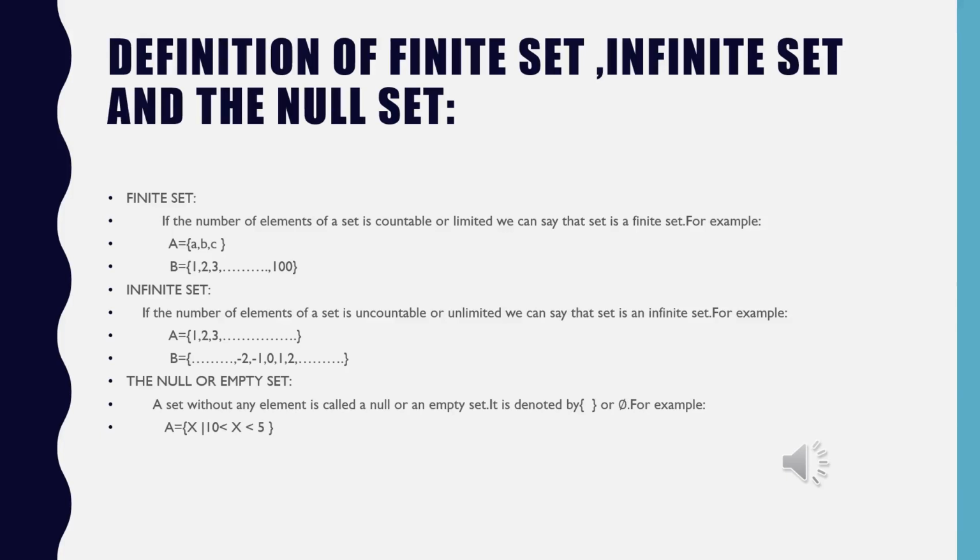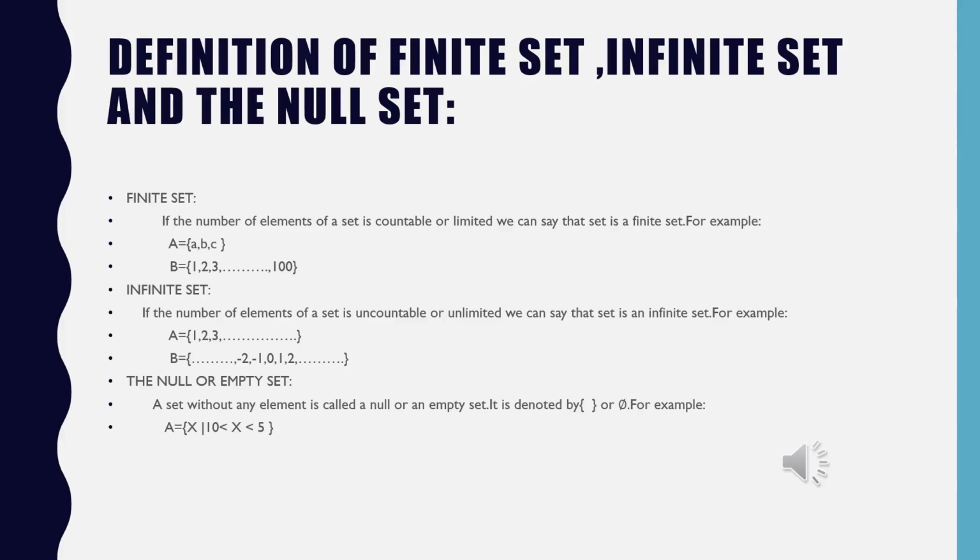In set A you can easily count that it consists of 3 elements, so it is a finite set. In set B the number of elements is 1 till 100. It is also countable. It means there are 100 elements inside set B. So these are called finite sets.